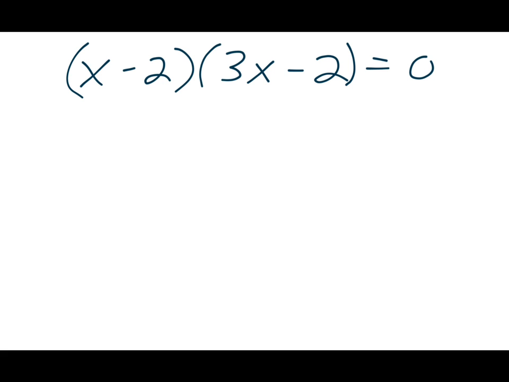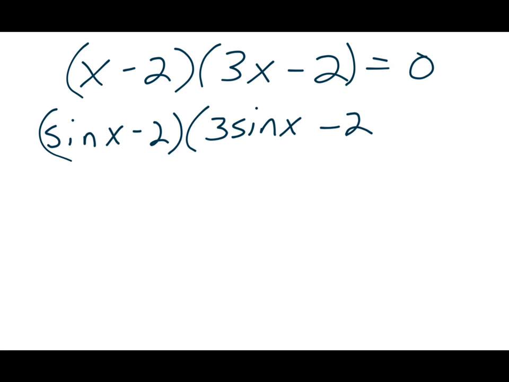That guy factors into x minus 2 times 3x minus 2. Well, my x is sine of x, so this is sine of x minus 2 times 3 sine of x minus 2.